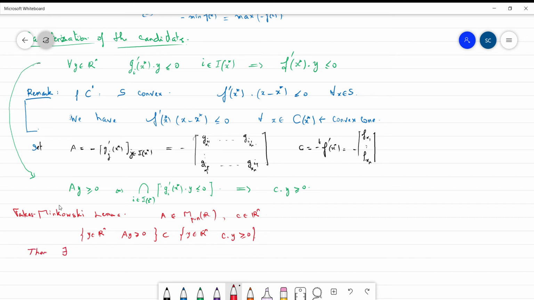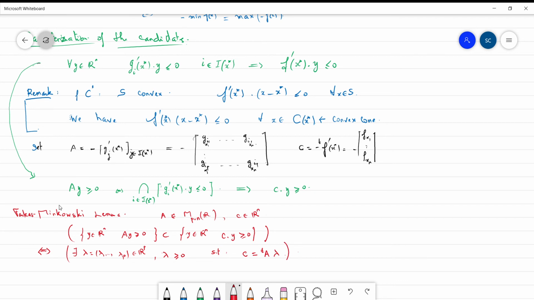necessarily there exists, or rather, it's even equivalent. It's stronger. So each time you have something like that, it is equivalent to say that there exists a vector lambda 1 to lambda p in Rp, with lambda positive, such that C is connected to the matrix A by the relation C equals A transpose lambda.